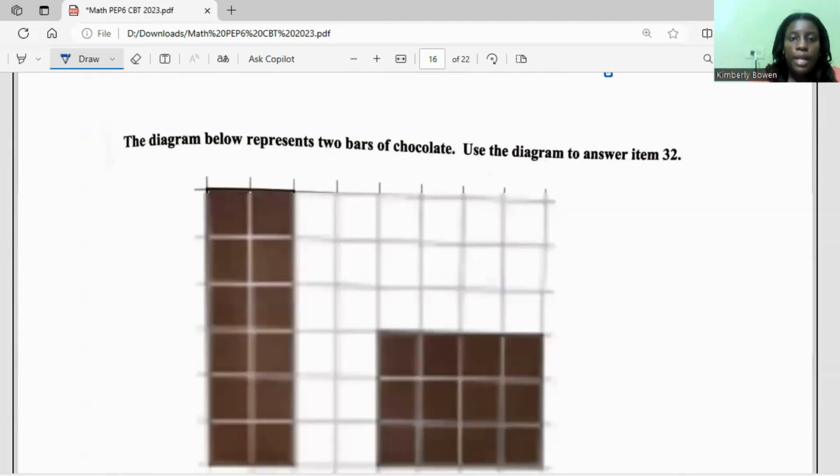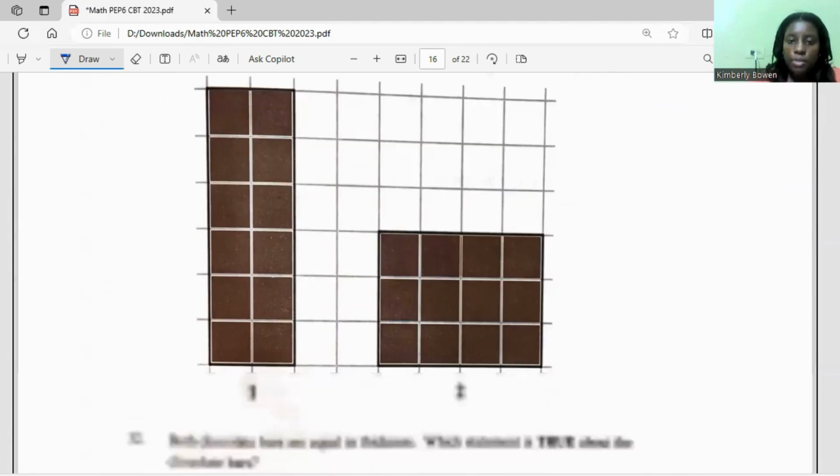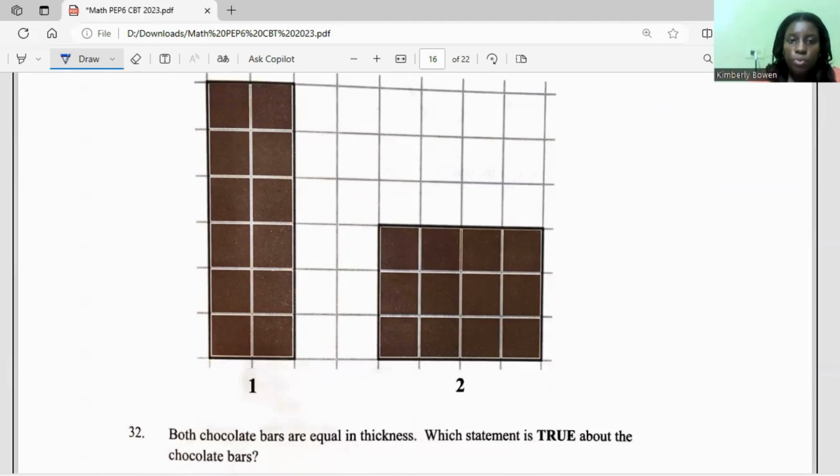The diagram below represents 2 bars of chocolate. Use the diagram to answer item 30. Let me see. I'm going to start working smart. So 2 times 6 is 12.